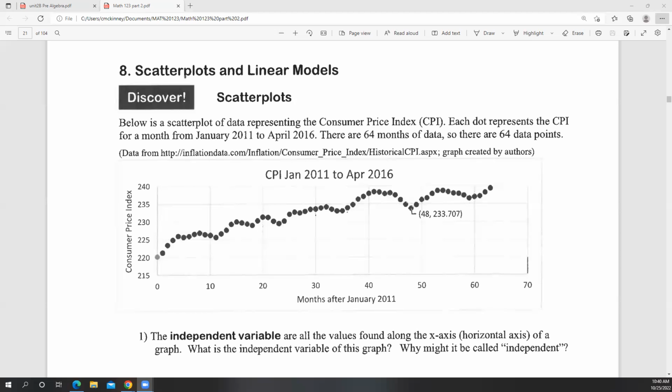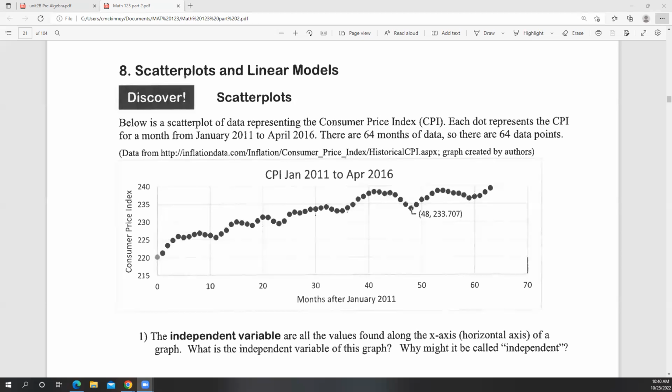This is monitoring the consumer price index for a little over 5 years. There are 64 months. That's why there are 64 dots. That many different data points. And the independent variable in this case is along the x-axis, which is normally where that is.